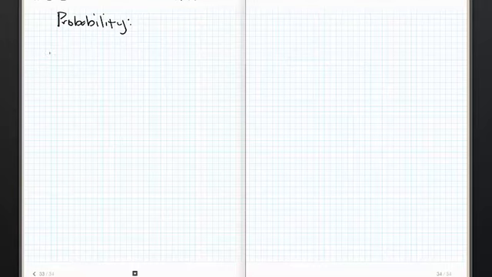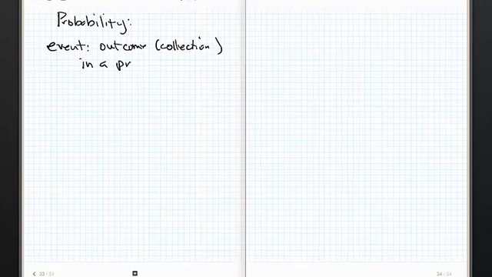Okay, let's get the basic concepts out of the way. First things first, we're going to talk about what an event is. An event is just an outcome or collection, I'll put this parenthetically, of outcomes. Collection, singular, a collection of outcomes in a probability experiment.